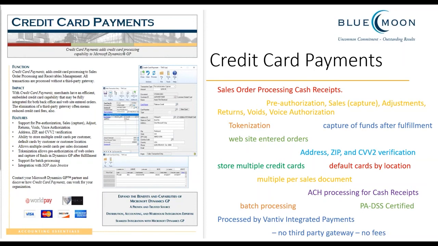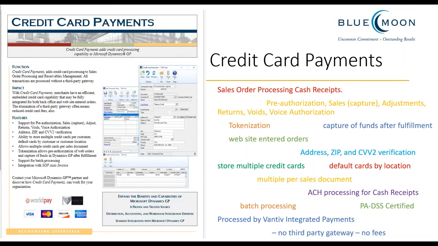By initiating credit card payments within the cash receipts entry window, collection efforts are made more successful since you can use credit cards to pay outstanding posted invoices. Credit card payments also has the ability to auto settle each day's transactions to ensure that all transactions are processed in the proper day. As you can see, there's a lot of benefits.